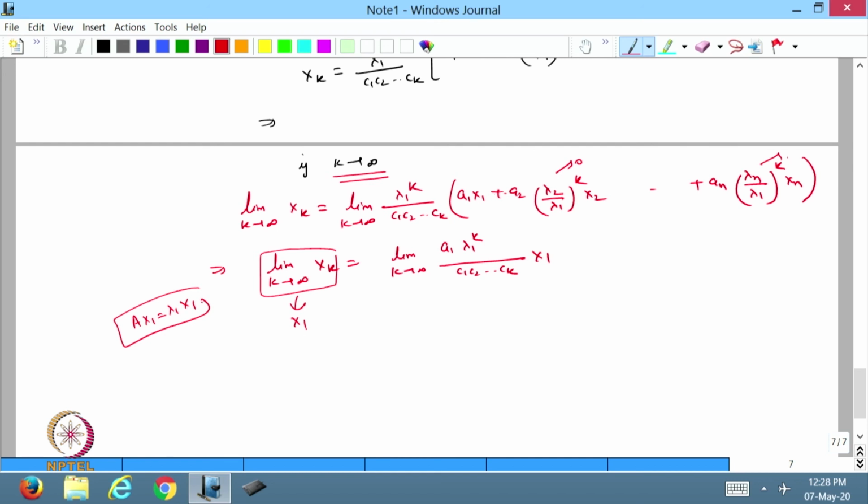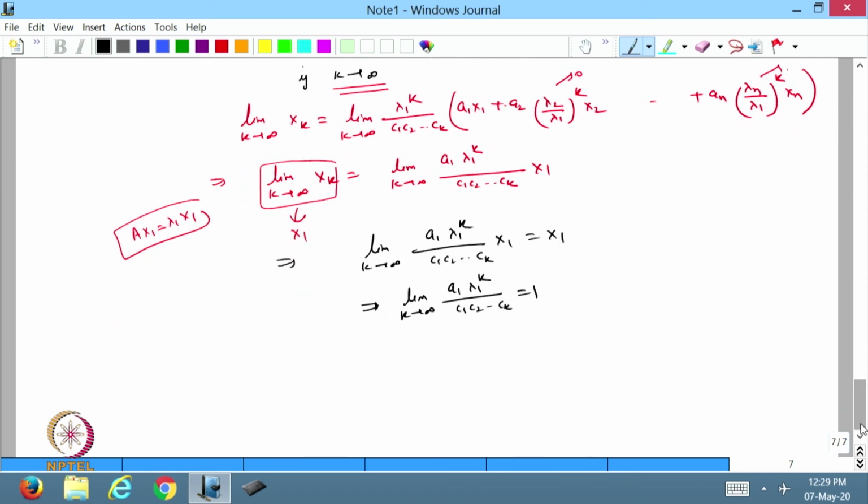So, this implies that as k tends to infinity, this vector, limit k tends to infinity a1 lambda 1 power k c1 c2 up to ck x1, should converge to x1. So, that implies that limit k tends to infinity a1 lambda 1 power k over c1 c2 up to ck should be 1.